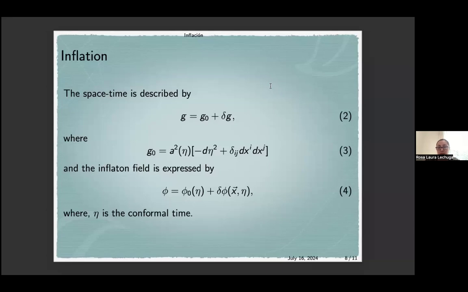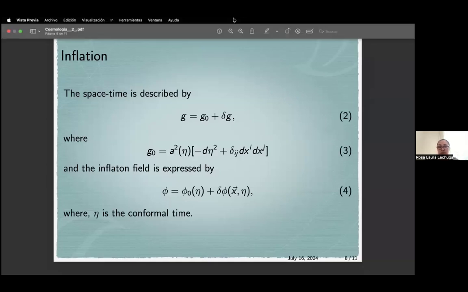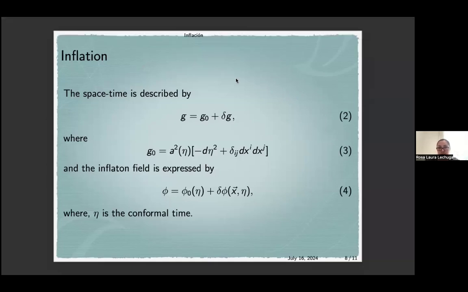For example, the questions regarding the fluctuations will be incorporated in the last session, not now, but there are many questions that I could incorporate into the presentation. Do you have more questions?